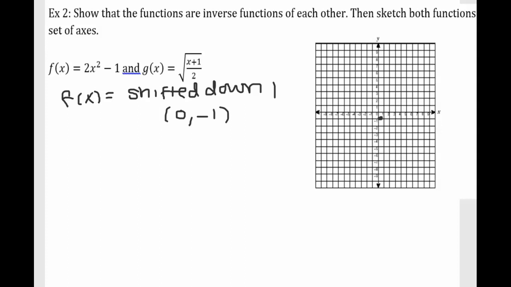And then instead of going up 1 and over 1 like our normal, it goes up 2 and over 1. And then our other point, instead of going up 4 and over 2, it'll go up 8 and over 2.